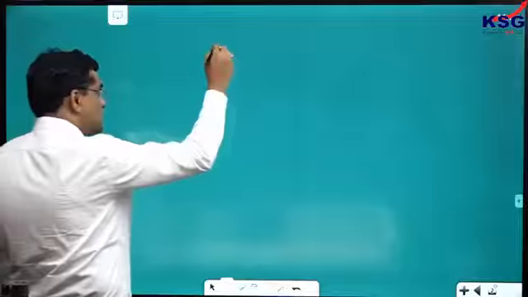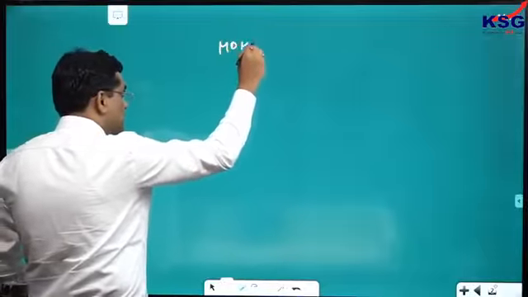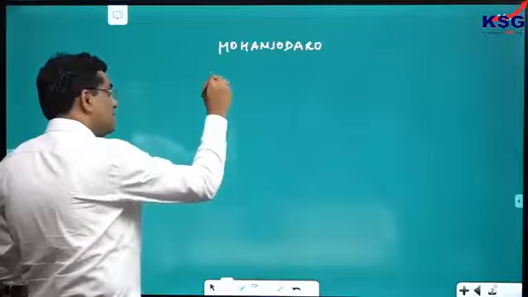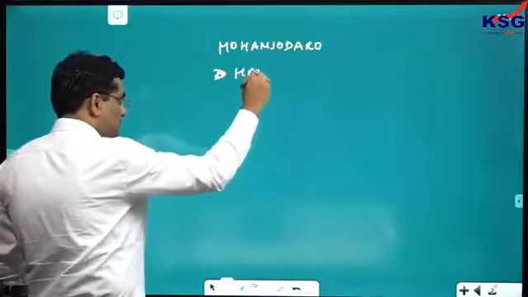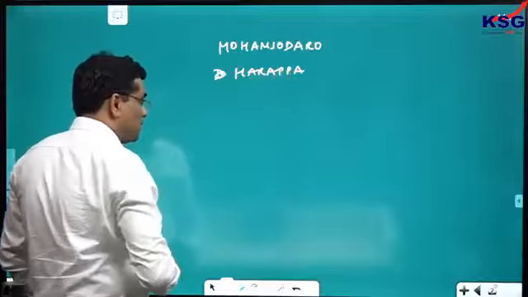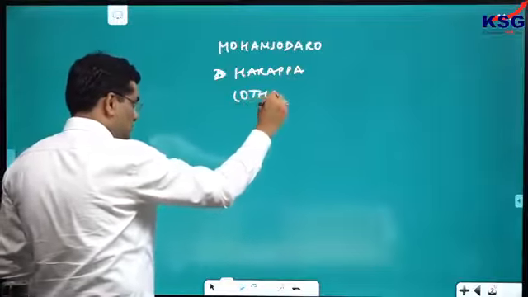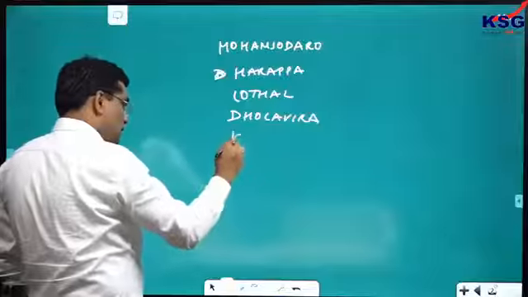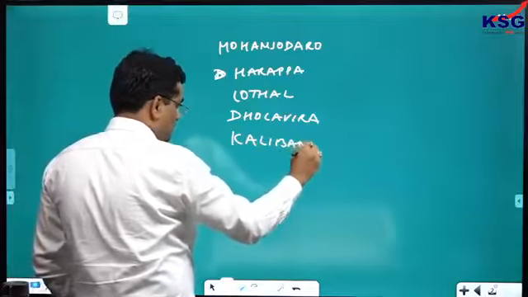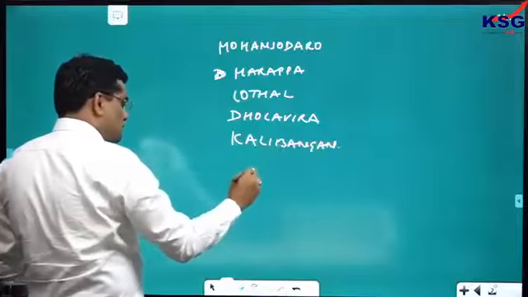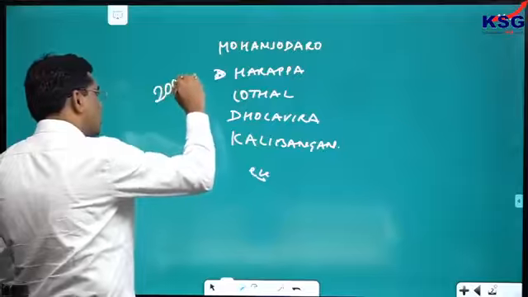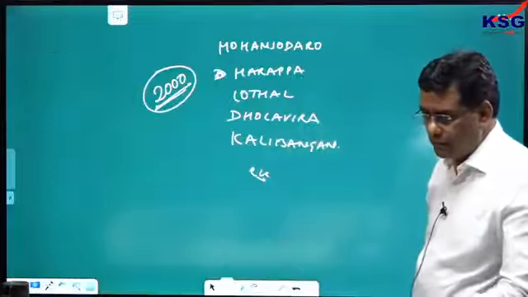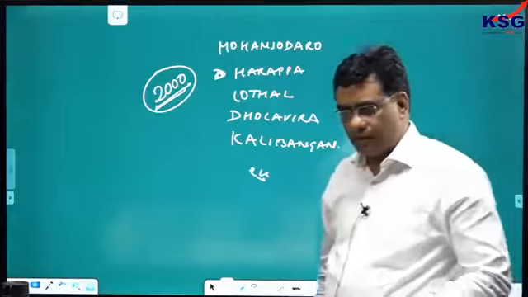So some of the important sites we started talking about yesterday: Mohenjo-daro, Harappa, Lothal, Dholavira, Kalibangan, etc. There were 2,000 sites all over this entire stretch from Jammu and Kashmir to Maharashtra and Alamgirpur to Pakistan.